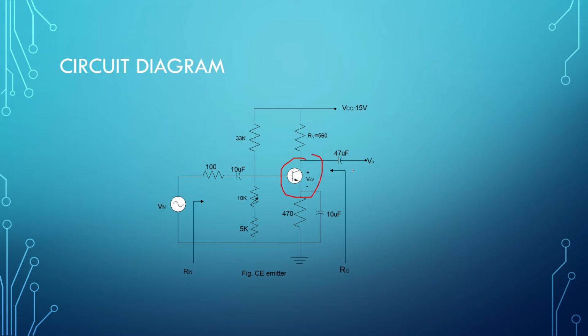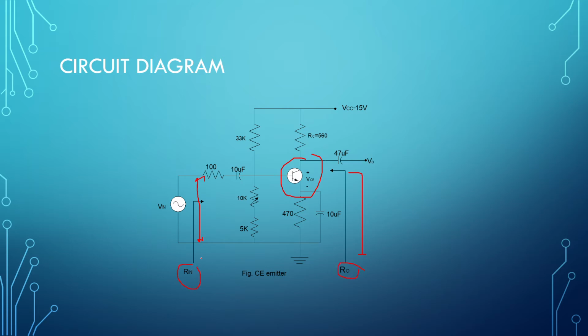It's an NPN junction. So for the Rin, the input impedance, we will measure from here to here, and then the output is from here to the ground. So this is the Rout and Rin.